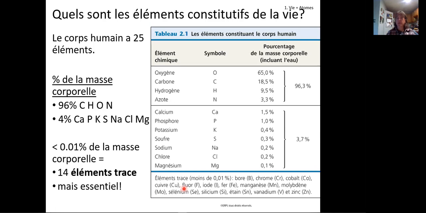But without them, our bodies would not function. So they are essential. And they're down here. I won't expect you to know all of them, but I want you to know about them. If we don't have zinc in our diet, we will be unhealthy and maybe die. If we don't have iron for our blood, we will be very unhealthy.